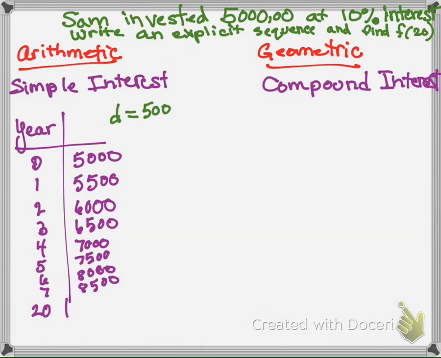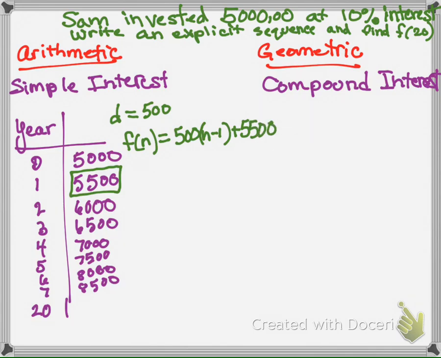Well, our formula is going to be year 1 or year 0, depending on which form we're going to use. Let's use year 1. So the equation is f of n equals 5,000 plus the common difference, 500, times n minus 1.